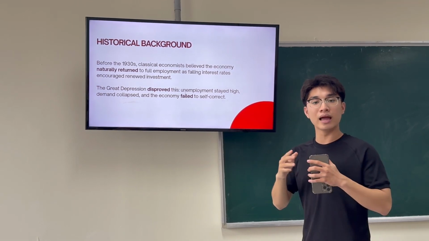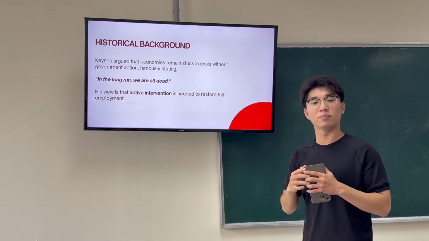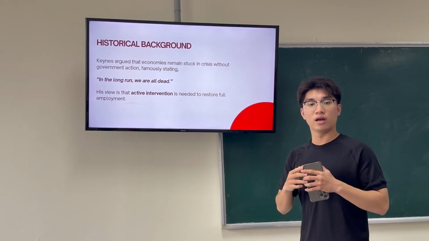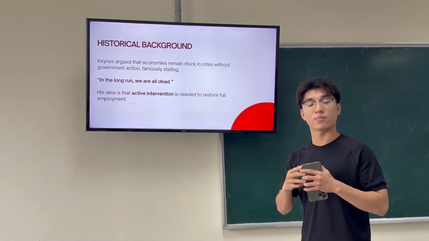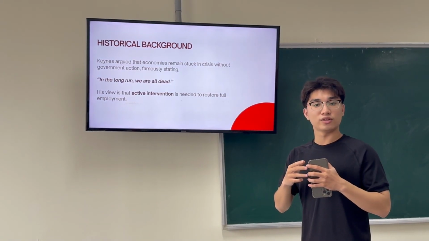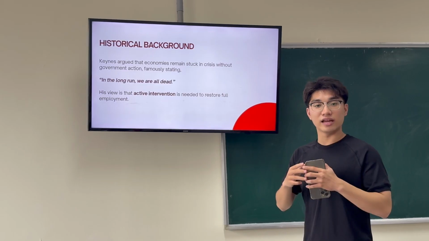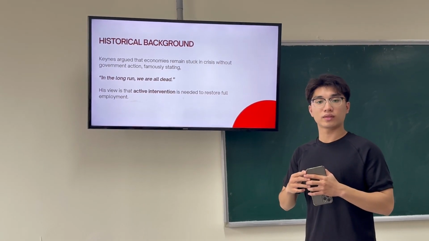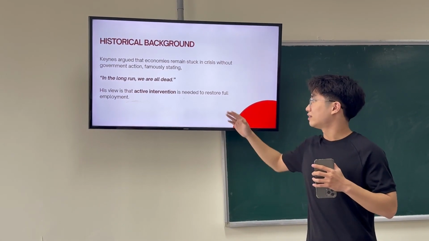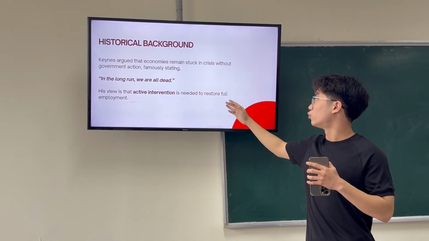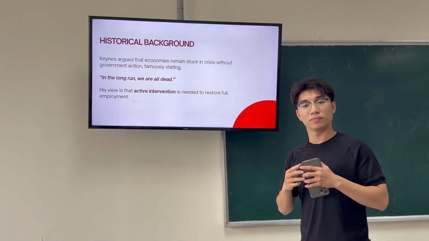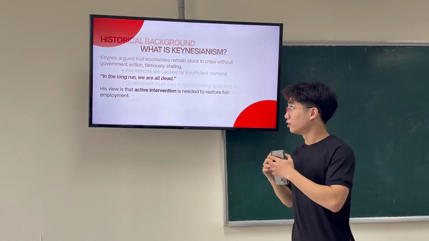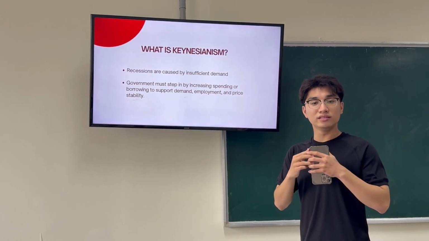That's when the economist John Maynard Keynes argued that economies can remain stuck in crisis without government intervention, famously stating that, in the long run, we are all dead. His view that active intervention is needed to restore full employment is the basis of Keynesian economics. So, what is Keynesianism?